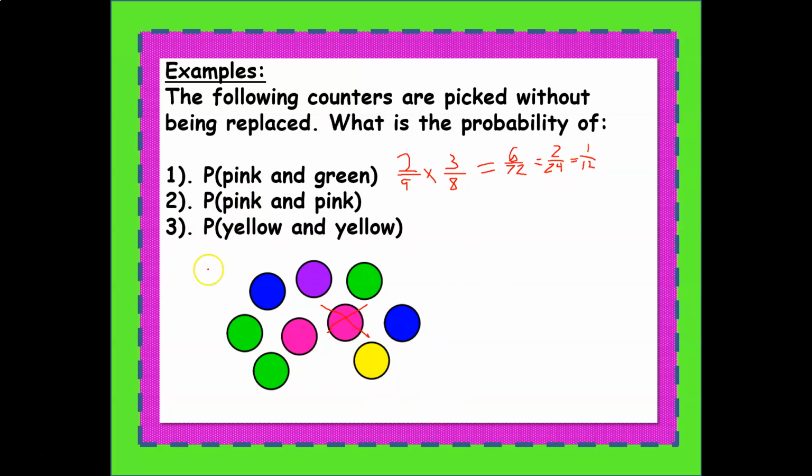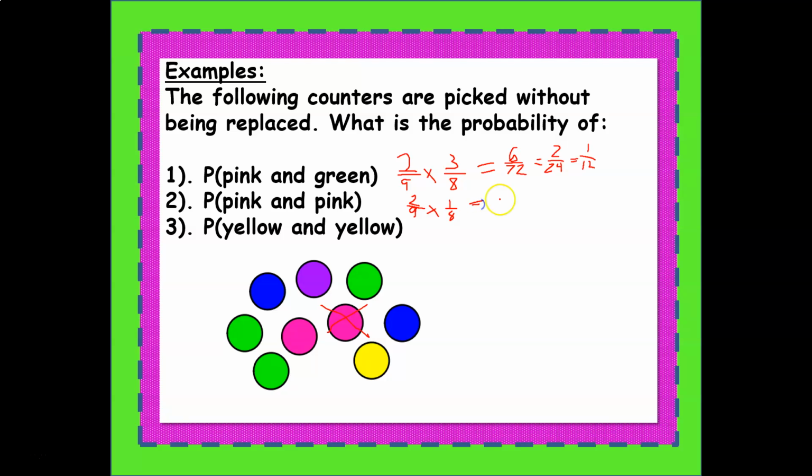Now let's look at pink and pink. So we already know that the probability of drawing a pink on our first draw is 2/9. But remember, we aren't replacing that pink counter. So once we've drawn that one out, we only have 1 pink counter left in the bag, and we only have 8 counters left in the bag in all.